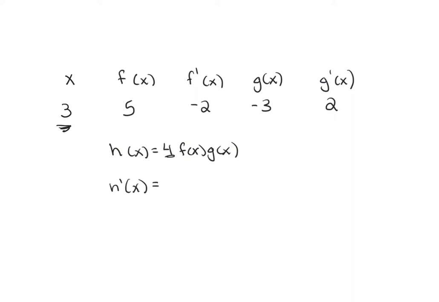So to do this, the coefficient we can have out in front, 4, and now derivative of the first times the second, plus the first times the derivative of the second.